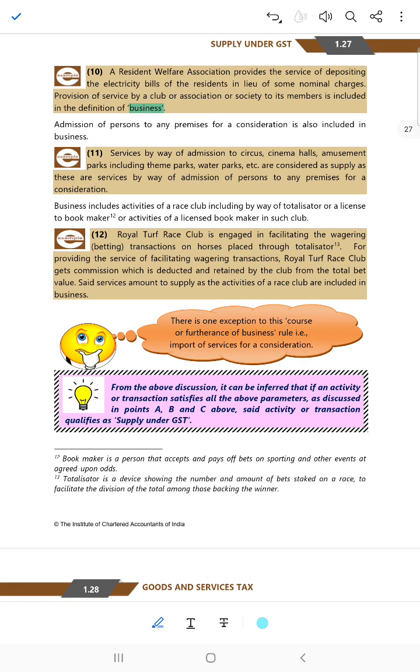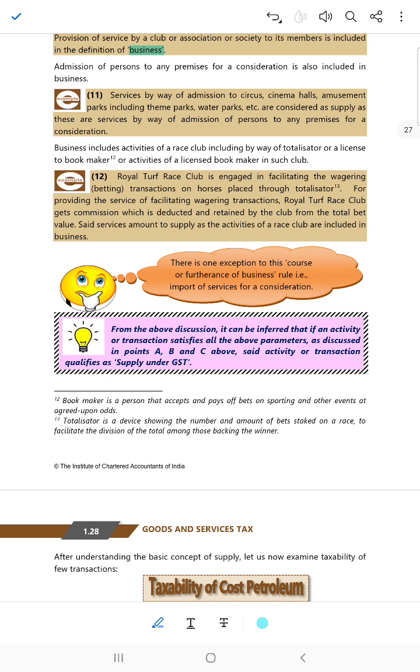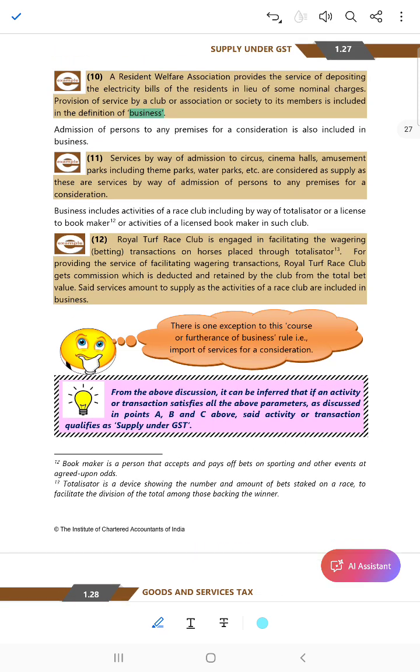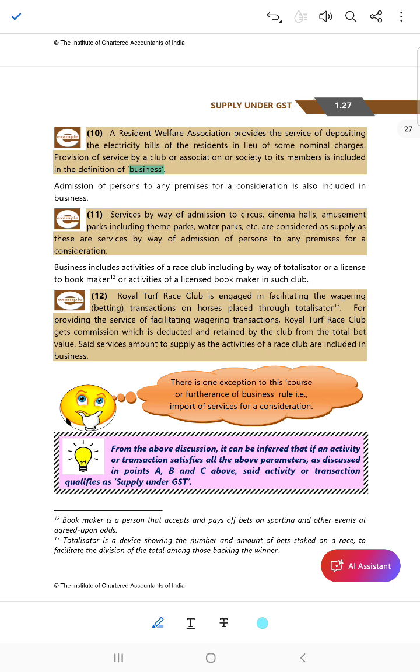Okay. Race club: the Royal Turf Race Club is engaged in facilitating the wagering transaction on horses placed through a totalisator. A totalisator is a device showing the number and amount of bets staked on a race to facilitate the division of the total among those backing the winner. So it's a device. Then what will happen?